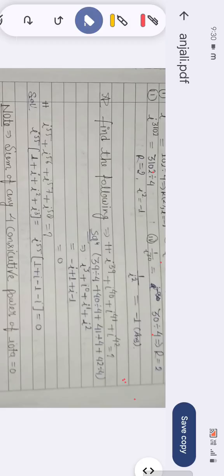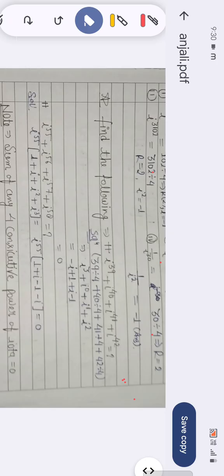And the next example is: find iota to the power 39 plus iota to the power 40 plus iota to the power 41 and iota to the power 42. How can we find the value? We can see what the smallest power of iota is, so we can take it common in this equation.